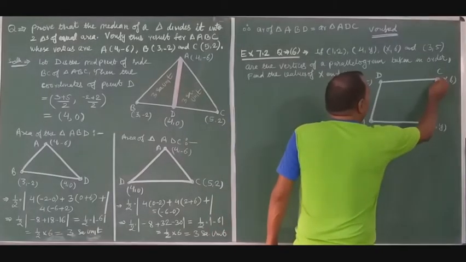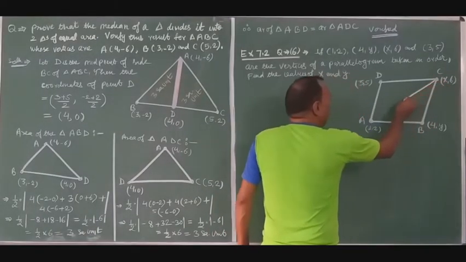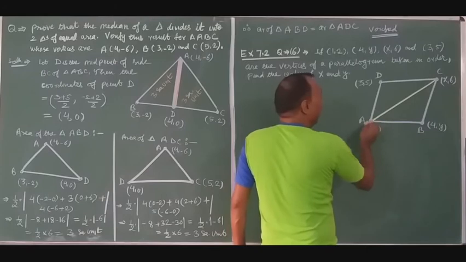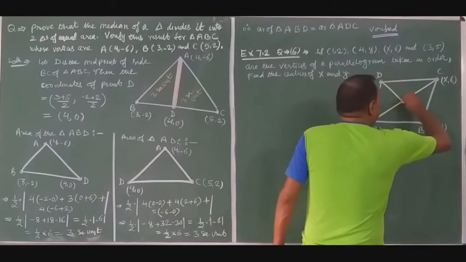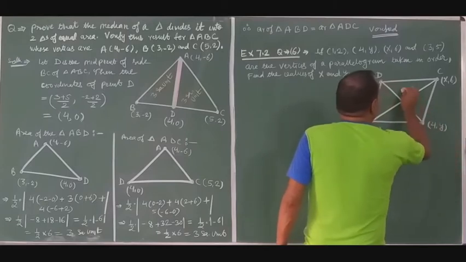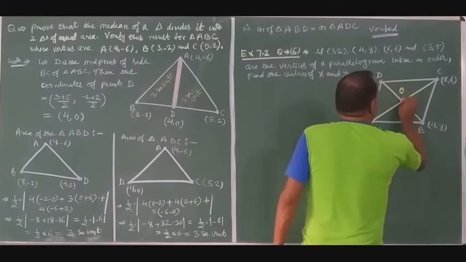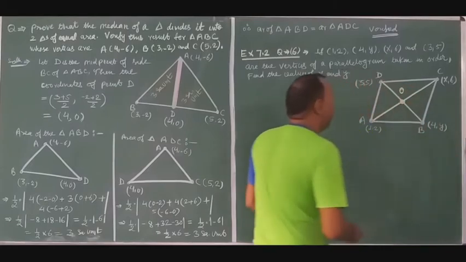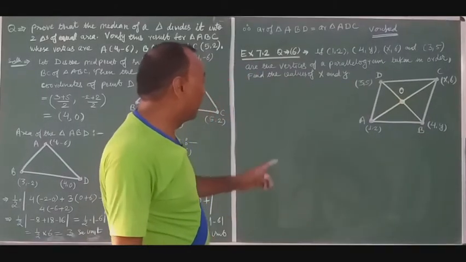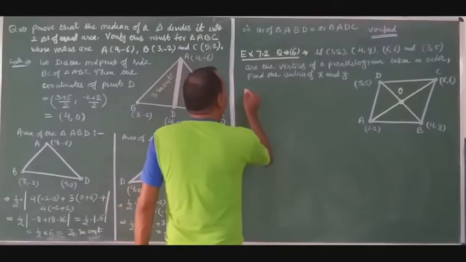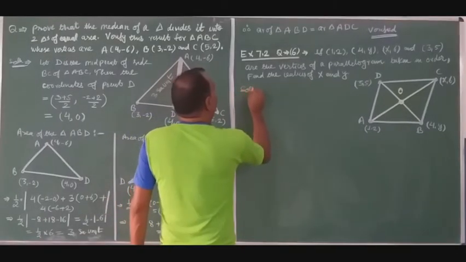This is one of the diagonals of the parallelogram, AC, and this is the other diagonal, BD. These are the diagonals of the parallelogram. Just look at the solution.